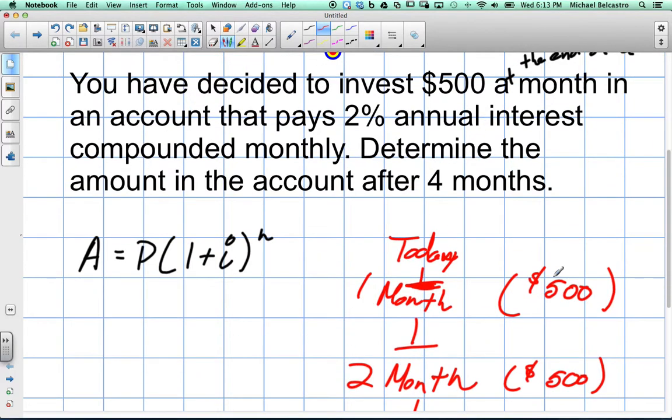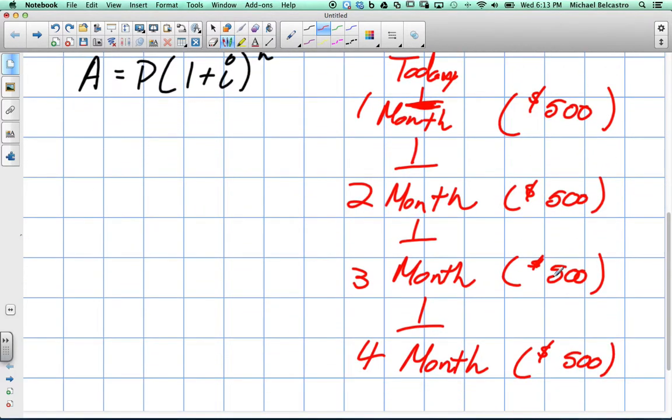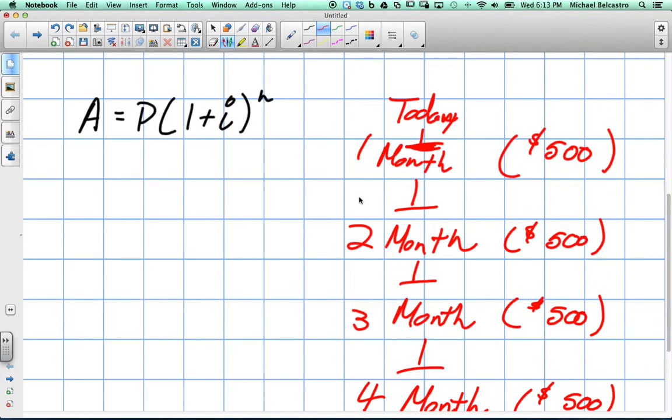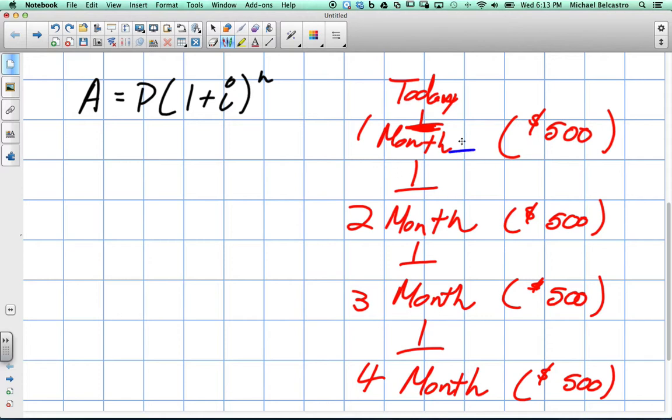So at the end of the 4th month, what's happening here is essentially the first amount we put in is going to get compounded. If we look at the amount of time that passes here, we have 1, 2, 3. So for 3 months, this amount is gaining interest.